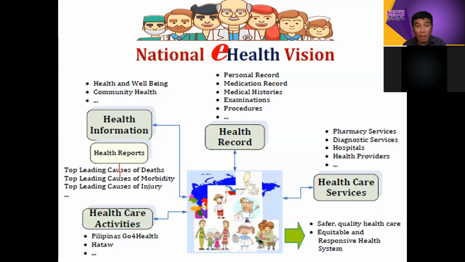But if we do have the National e-Health Vision, the Health Information and Management System platforms, we can already know that the hospitals nearest to your home cannot anymore accommodate your cases because they are at full capacity. In that way, it could lead to the objective of a safer, quality, equitable, and responsive health system.